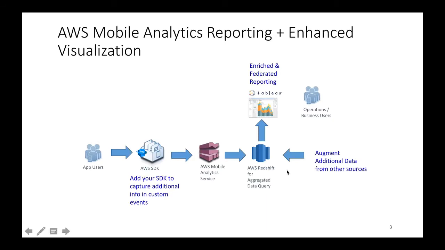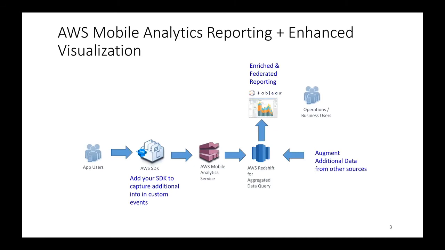The second extension point would be extending the data that's captured on the server side to a more elaborate data warehousing kind of solution. In this case, AWS has its own data warehouse platform, which is Redshift. AWS Mobile Analytics can export its data directly, automatically to Redshift, and this Redshift data then can be augmented or modified with your own data from other sources.